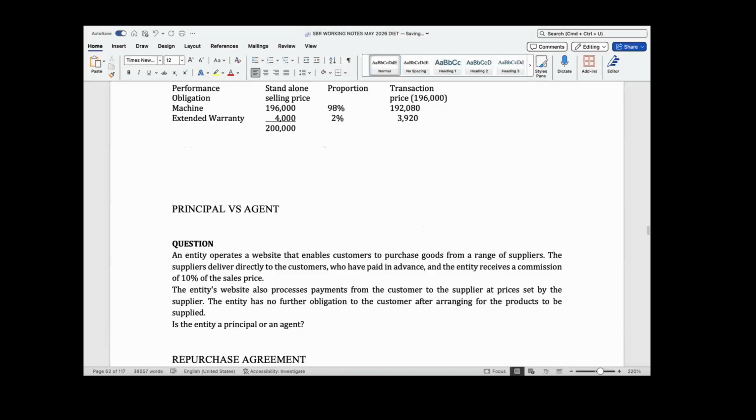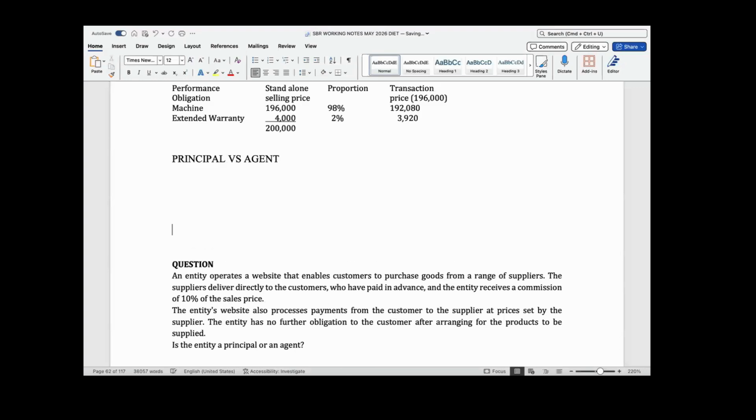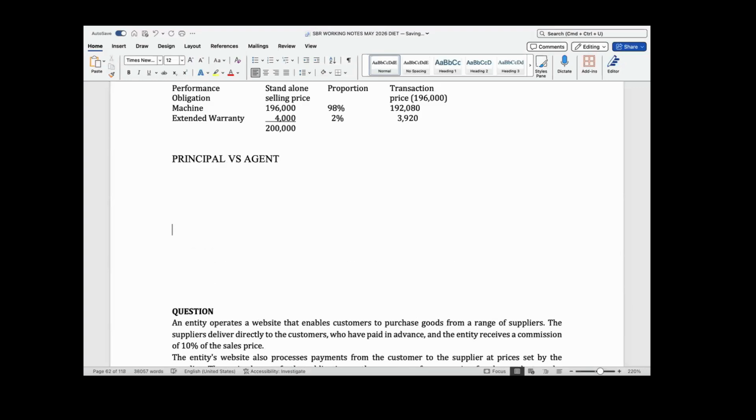Now, the third one is principal versus agent. The way it has to work is that in every transaction, an entity needs to identify whether it's acting as an agent. A principal is a principal, that one is clear.